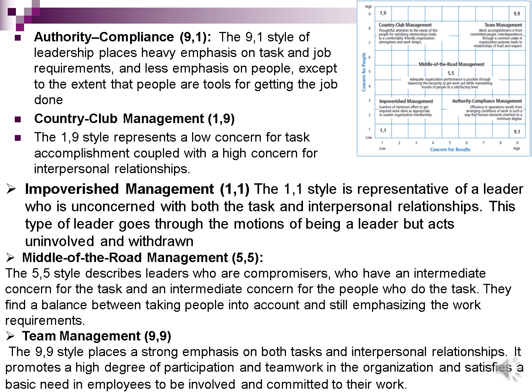Based on these various types of relationship, if the emphasis is very high on the task and people are not considered, then definitely it is an authoritarian type of leadership, where compliance is the only option for the followers.